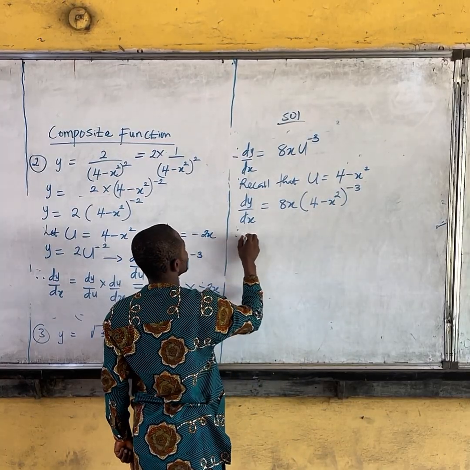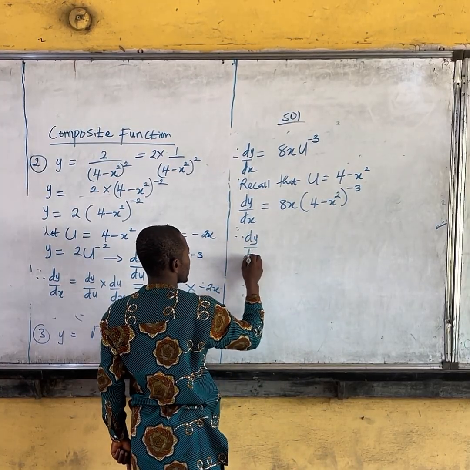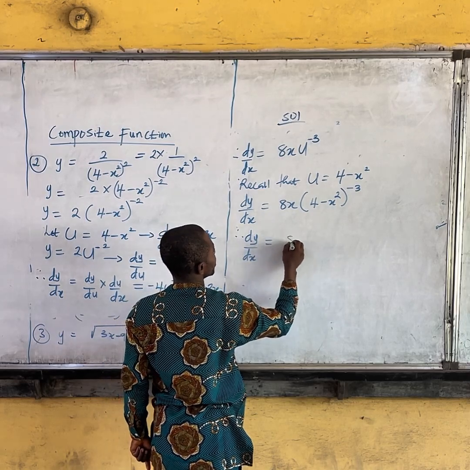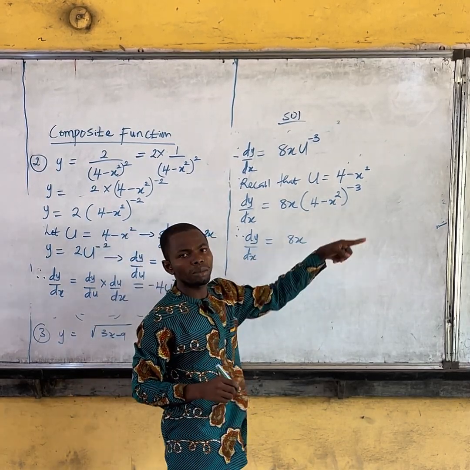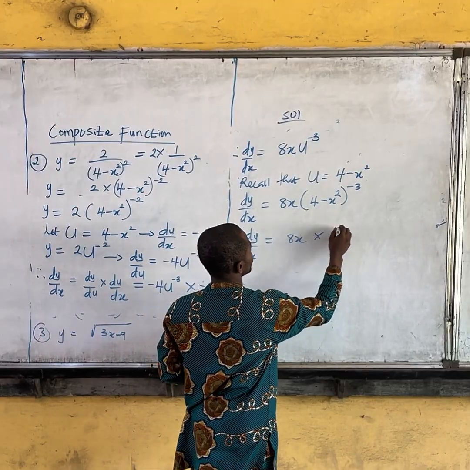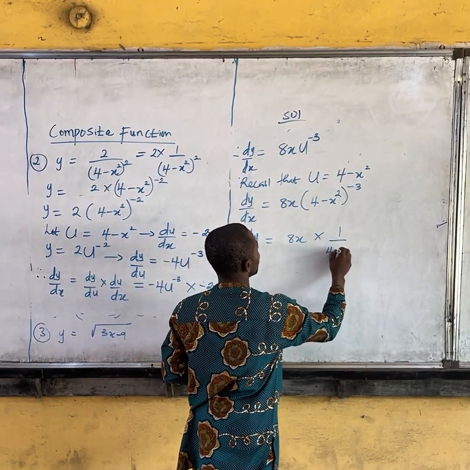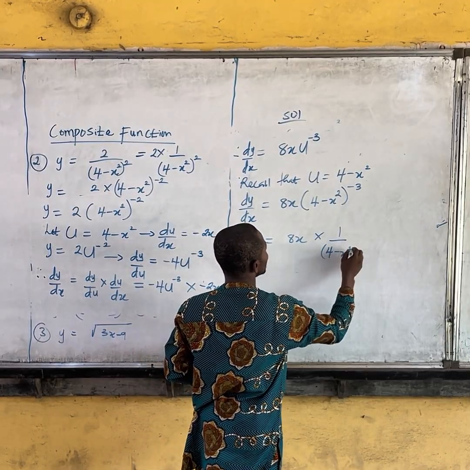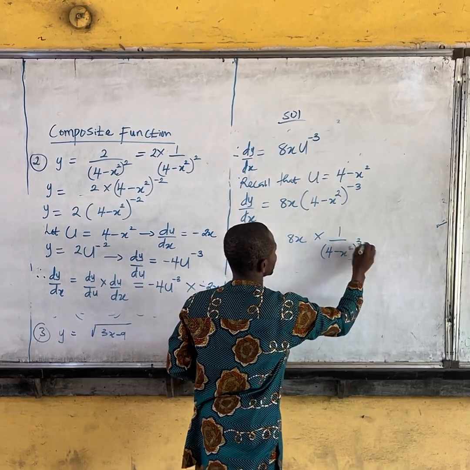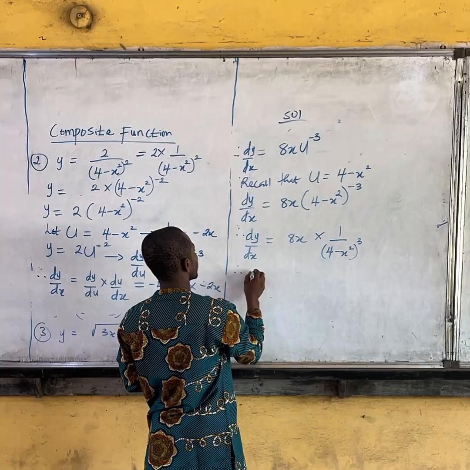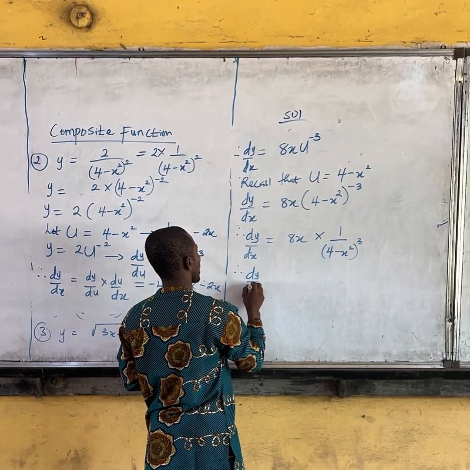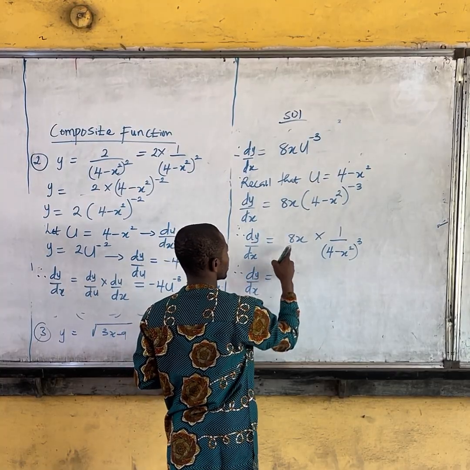So in conclusion, dy over dx will be 8x. According to the law of indices, a negative power will come down. It will now be times 1 over 4 minus x squared raised to the power of 3. We are applying the principle of indices. So therefore, in conclusion, dy over dx is now 8x times 1.